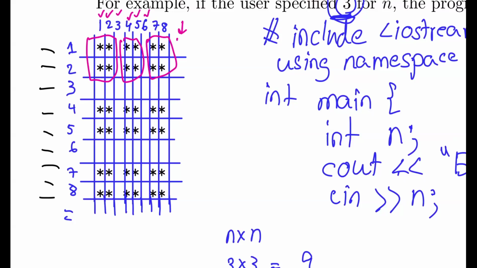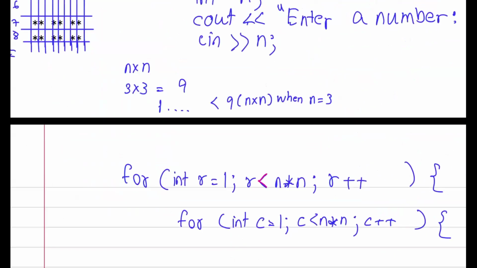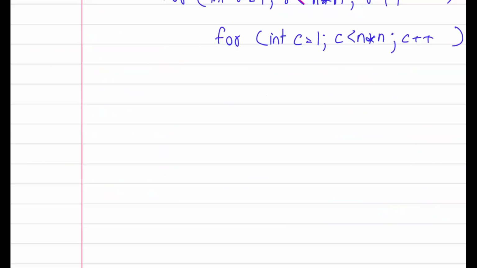When you look at the row, it's the same. 1, 2 not divisible by 3, you print a star. When it is divisible by 3, you print a space. So this is not only true for 3. Let's do n equal 4.